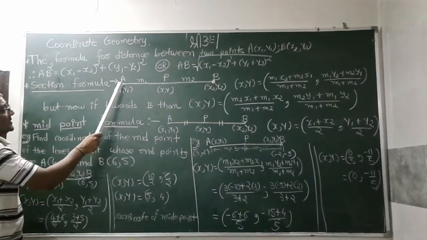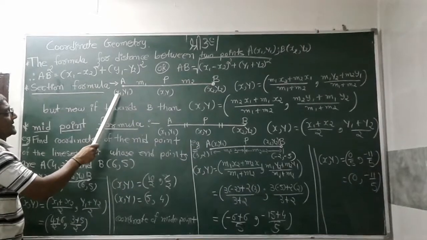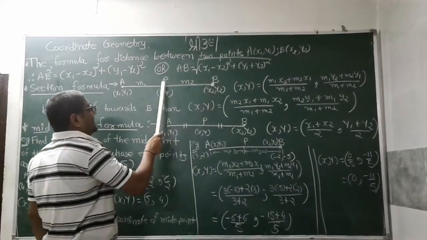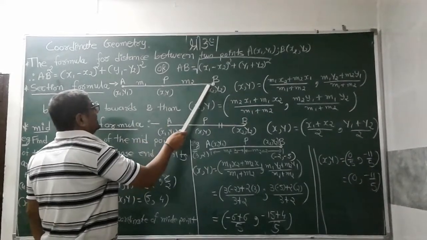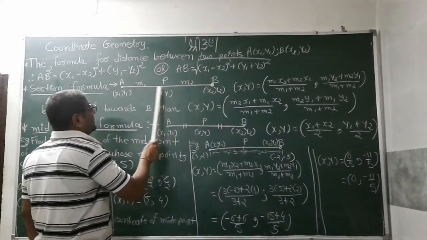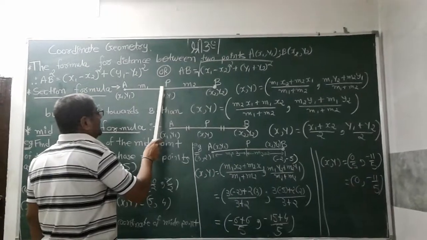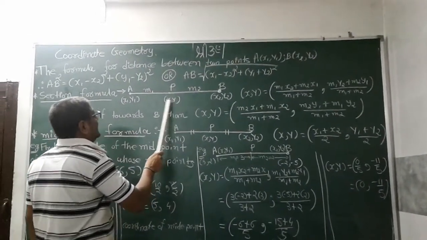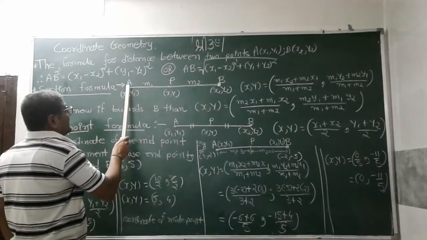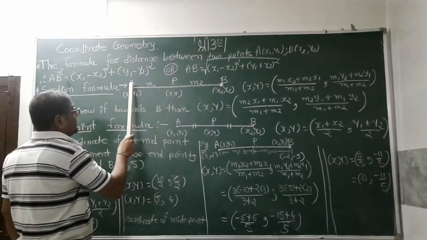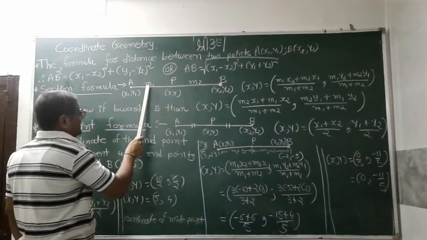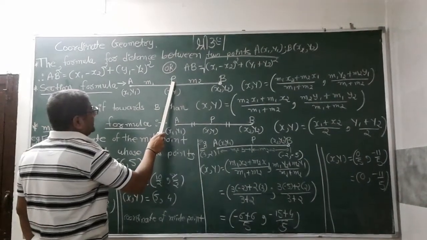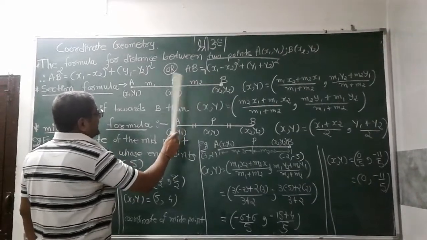Now friends, the section formula. Section formula means the coordinates of point A are (x1, y1), B is (x2, y2), and you take point P anywhere between points A and B. I am taking point P, its coordinates are (x, y). The ratio AP is equal to m1, and the ratio PB is m2.